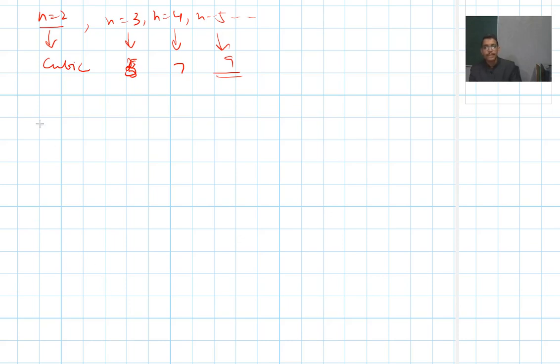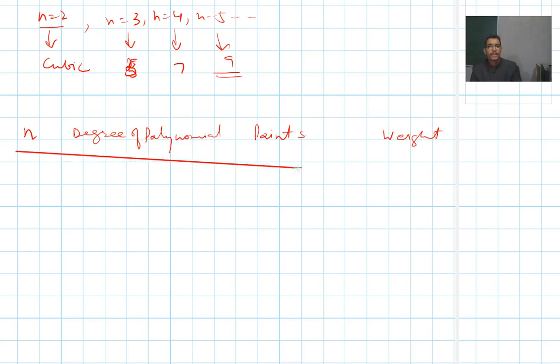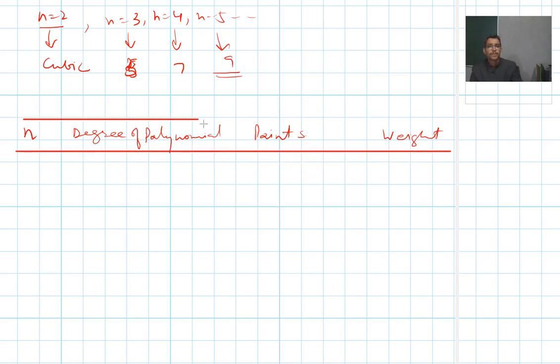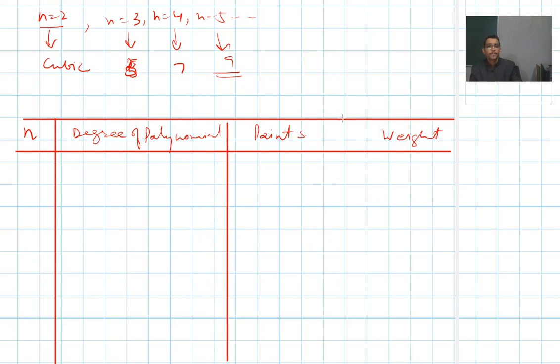So here let us write down the value of n, then the degree of polynomial, then the points which we are taking, and here we will take the value of weights, right? Let us have a look at how things change.